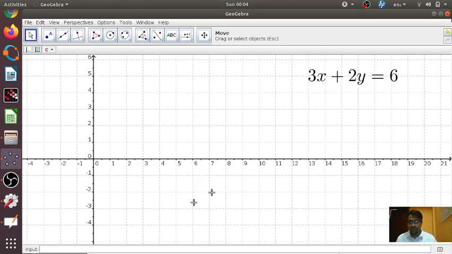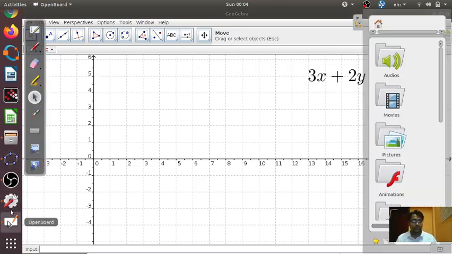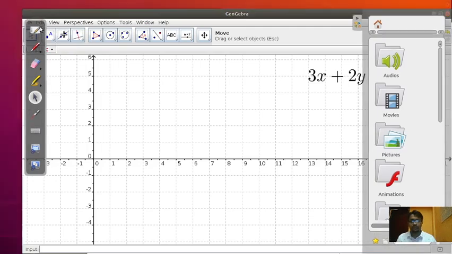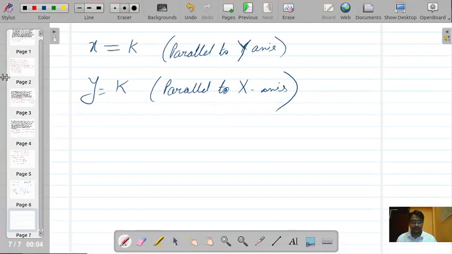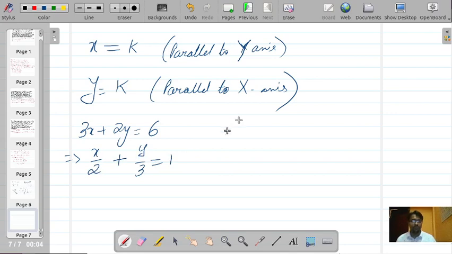What I'll do is convert this straight line to the intercept form. If you convert it to the intercept form, it's x by 2 plus y by 3 is equal to 1. So the x intercept is 2 and the y intercept is 3.